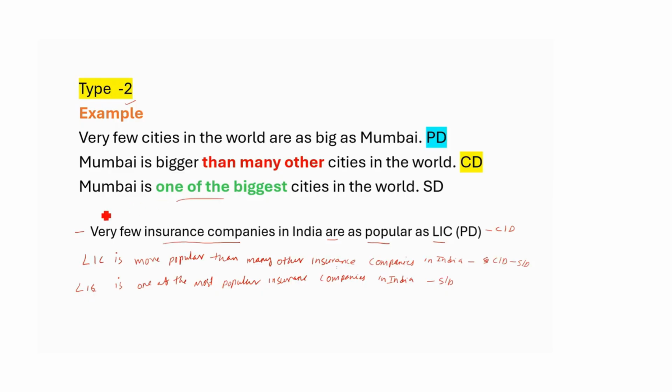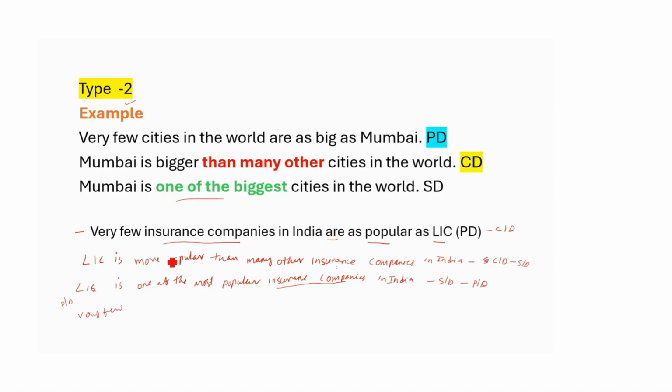For example, if we need to change to positive degree, what is the sentence given? It is changed to positive degree. What is the subject here? Insurance companies. So first you have to begin with "very few".